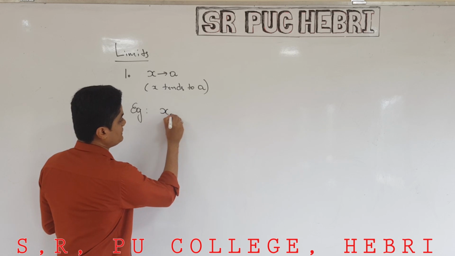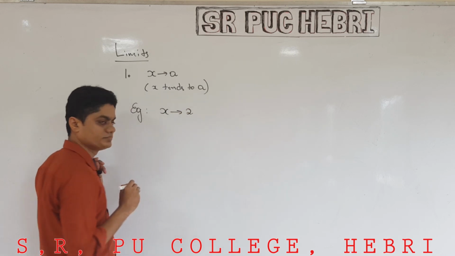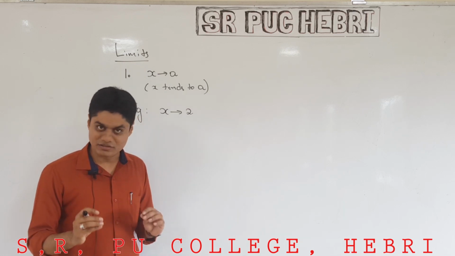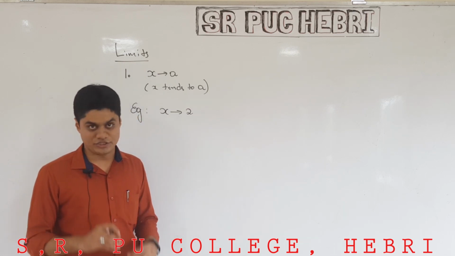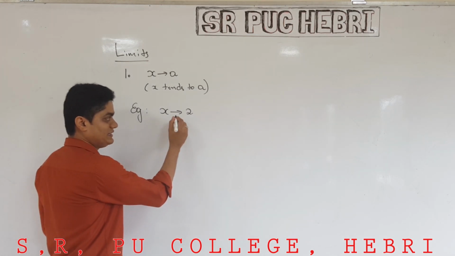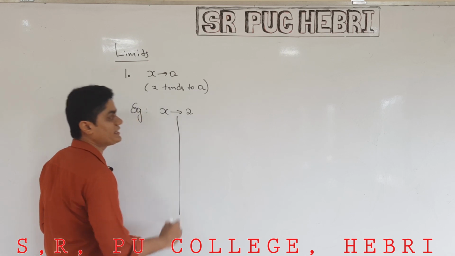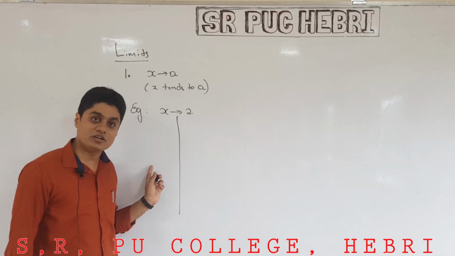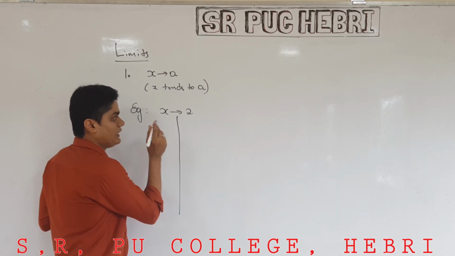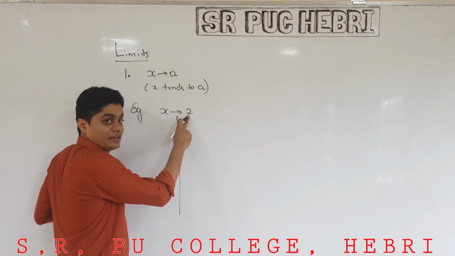Let me take one example: x tends to 2. What is the meaning? x takes values closer and closer to 2 in two different forms. I told you in the neighborhood of a, or neighborhood of 2.